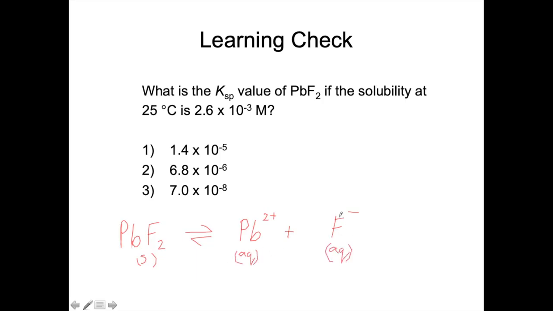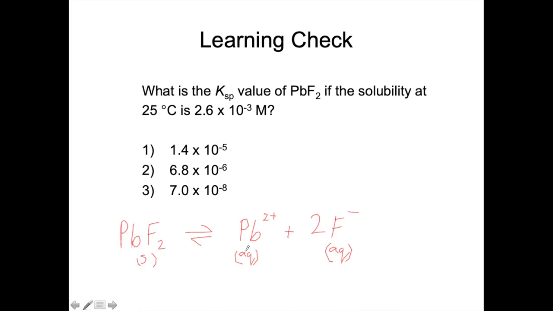I know that fluoride has a -1 charge because it's in group 17. All of the halogens form -1 ions. So you can probably figure out that this isn't balanced, right? If that has a 2 plus charge and that's -1, there's a reason there's a 2 down here. But again, that 2 is not part of the formula of fluoride. Fluoride is not a polyatomic ion. So we're going to put that 2 in front here because those two fluorides aren't going to be stuck together.